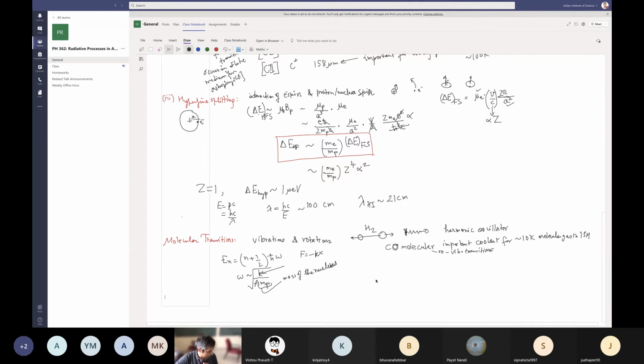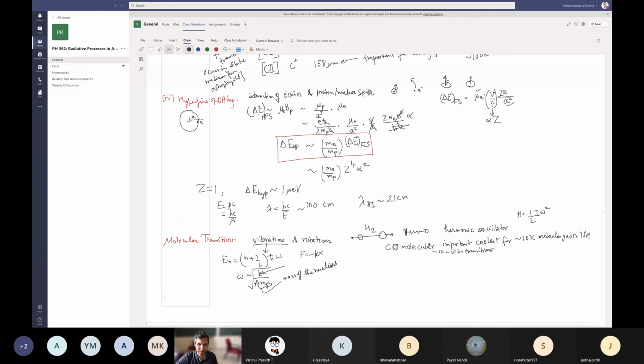And actually, we can estimate these things as well. What is the energy scale of these transitions? For example, this is for vibrational transitions. For rotation, we take I, the moment of inertia of the molecule. Depending on the orientation of its rotation, we take the Hamiltonian as half I omega squared.